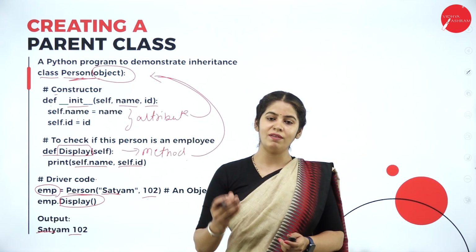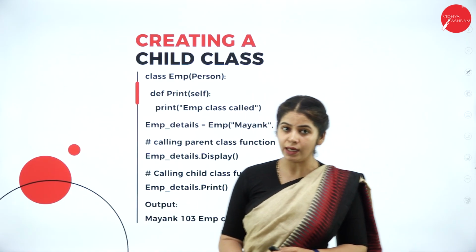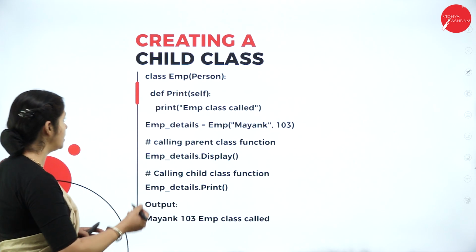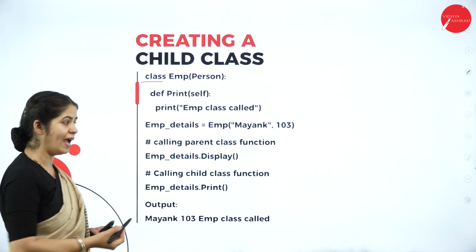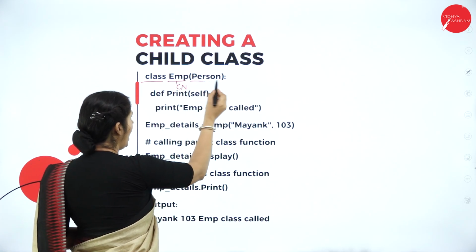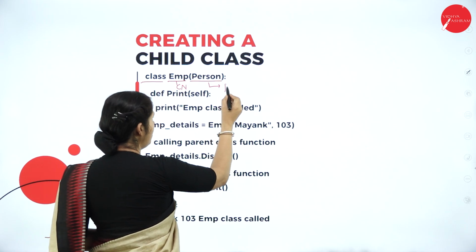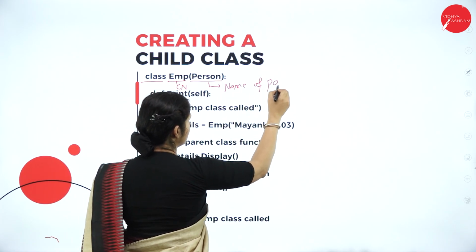This is how we created the parent class. It is similar to how we create a normal class. So coming to the child class, how do we have to create the child class? In the child class, we use the keyword class, then the class name, and within the parentheses the name of the parent class.